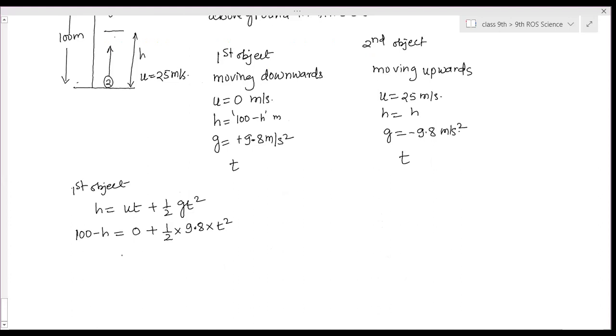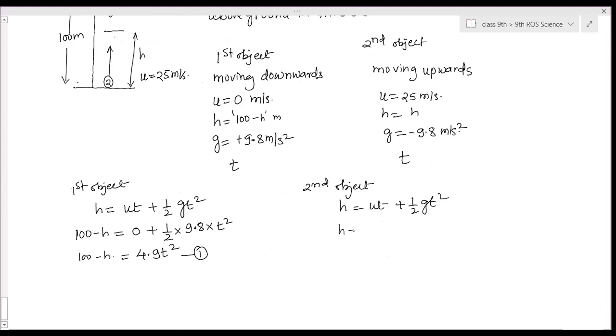Okay. So this is equal to 4.9 t square is equal to 100 minus h. We will keep this as it is. Then the second object, h is equal to ut plus half gt square.